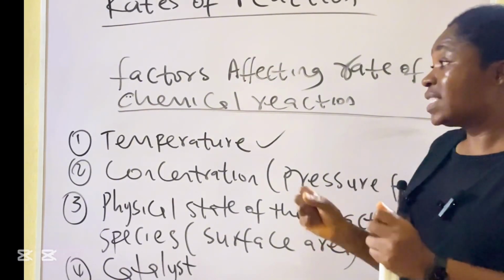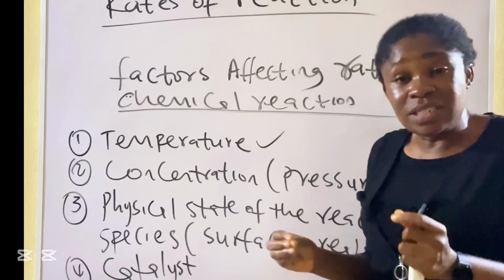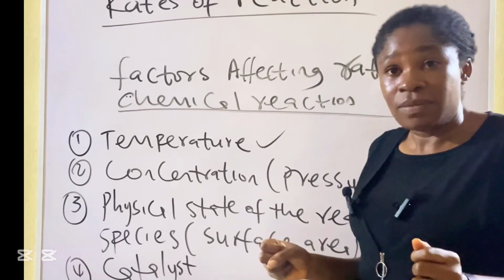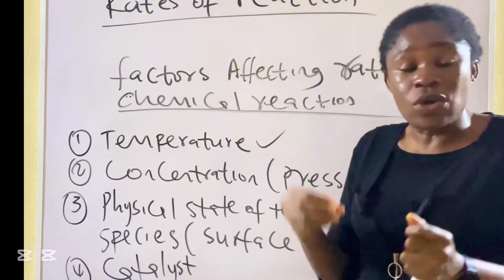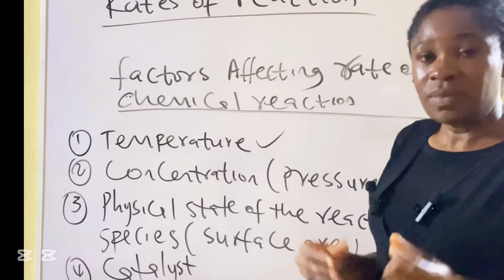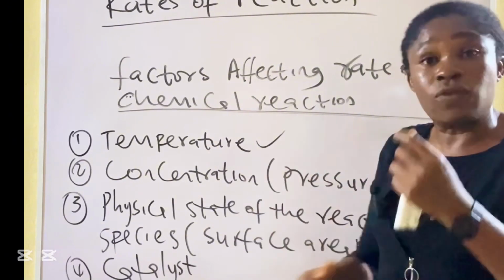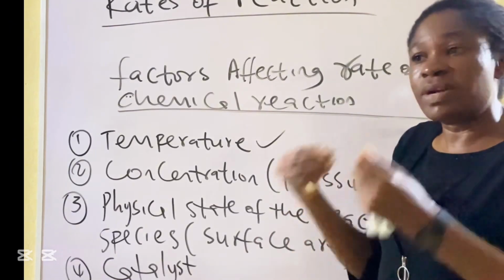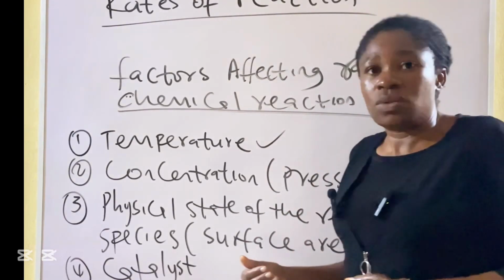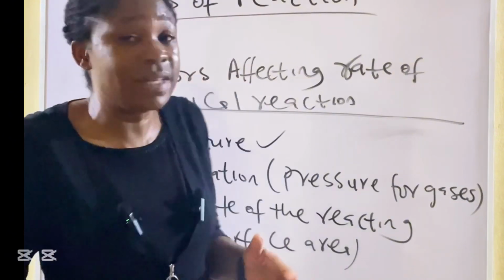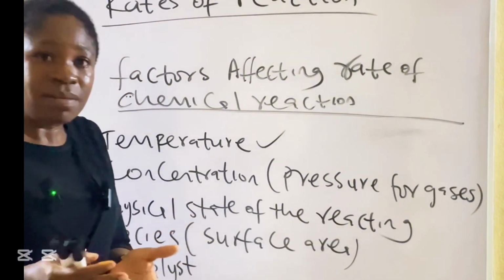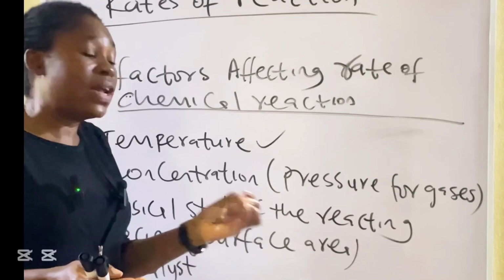And once they acquire kinetic energy, their speed increases, which makes them collide more often with one another. Whatever leads to increase in frequency of collision among the reactant particles will lead to increase in rate of chemical reaction.